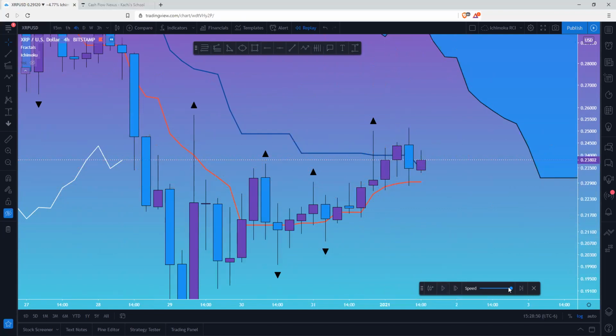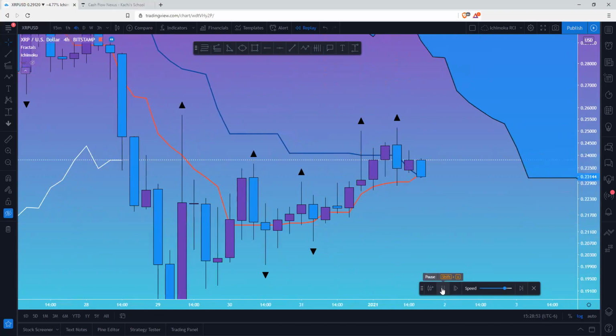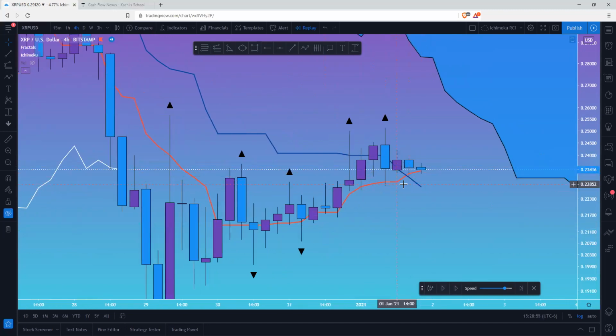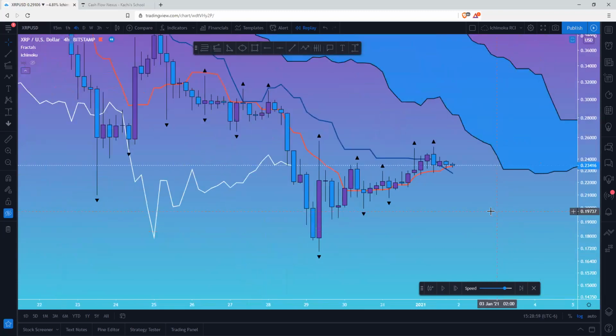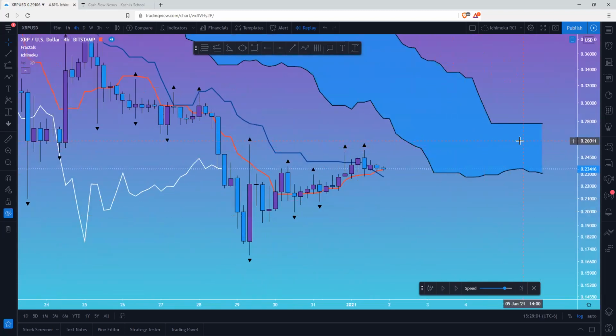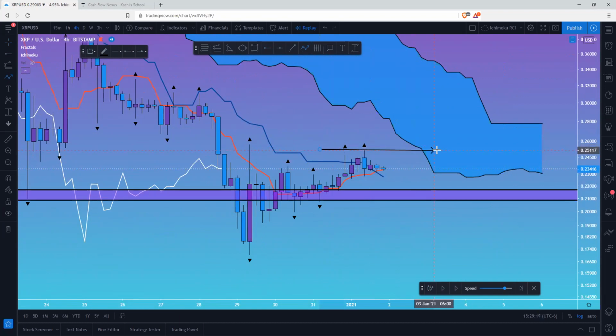So let's play it a little bit. Let's play it slowly. So it's definitely in equilibrium here. So we know that the cloud is very bearish. Chikou Span is trying to get through price, but it's kind of stuck. And also, not just that, we know the high is right here, right?